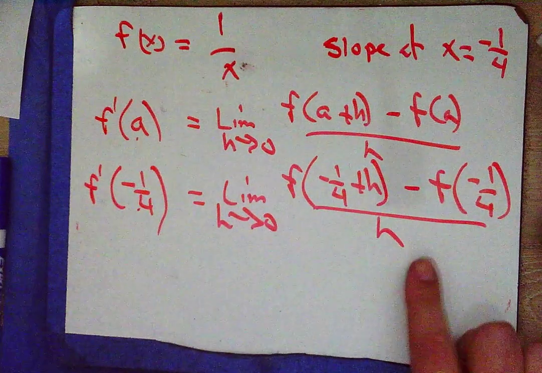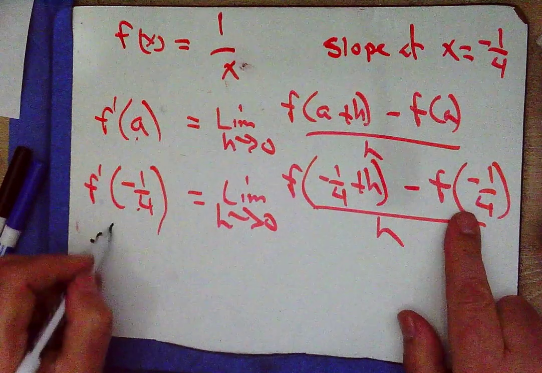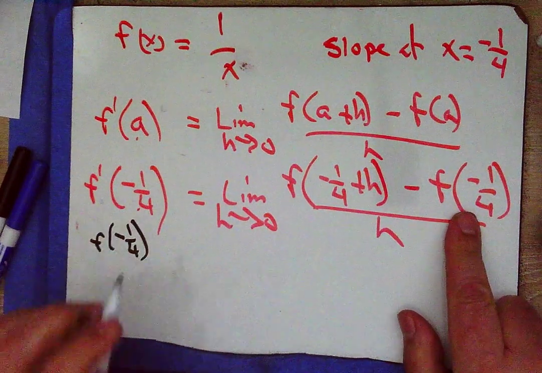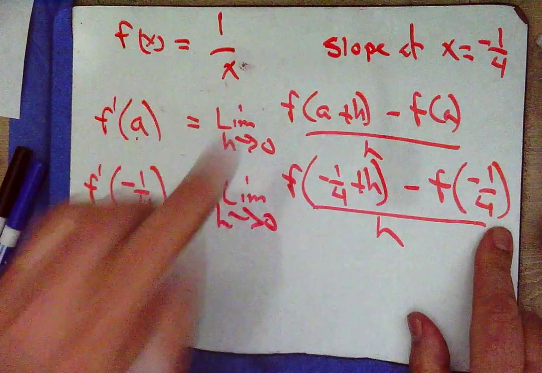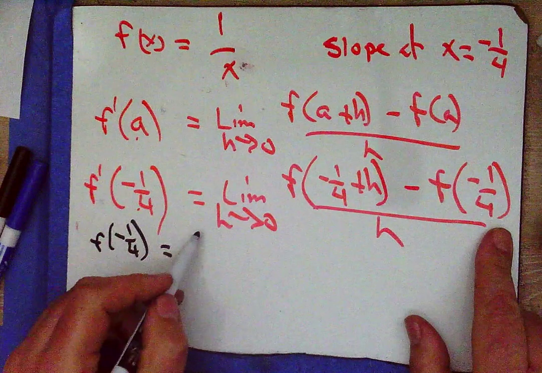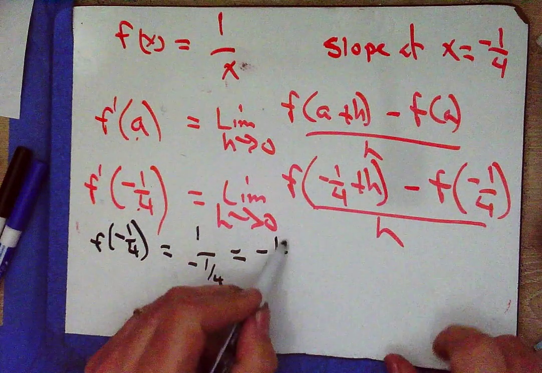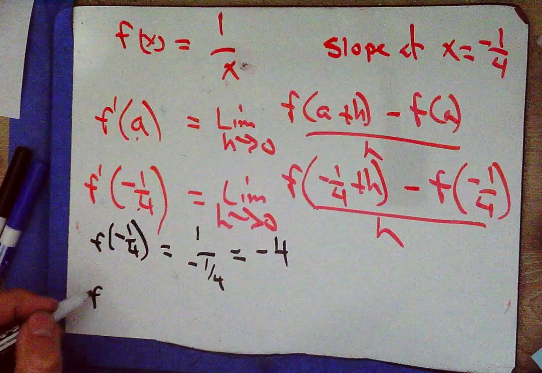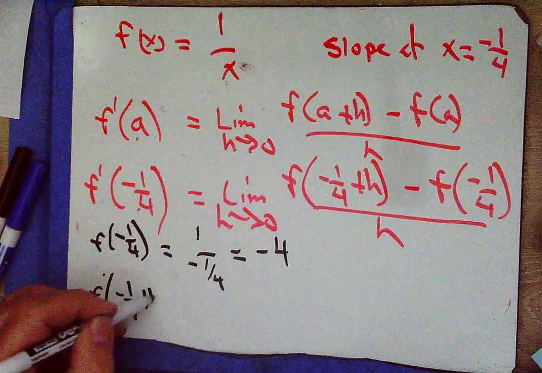Well, in order to make this difference quotient work, what do I need? I need to know f of negative 1/4, which means I'm taking a negative 1/4 and plugging it into the x of f of x. So I've got 1 over negative 1/4, which is negative 4. I also need to find f of negative 1/4 plus h.